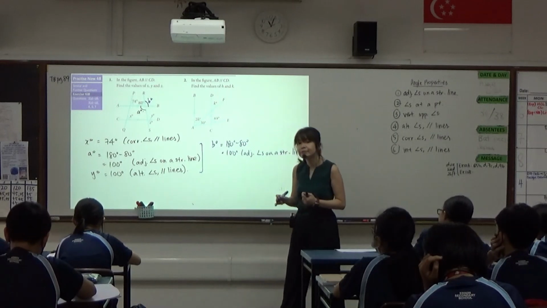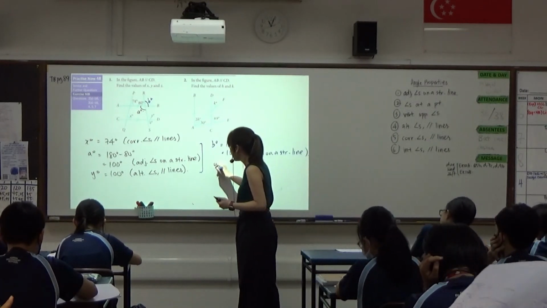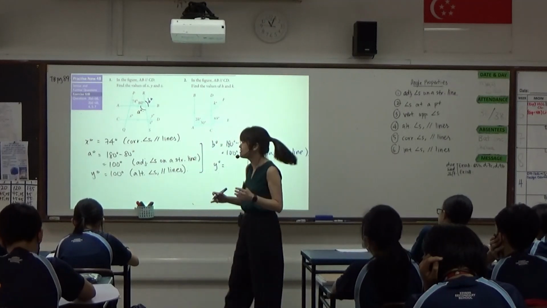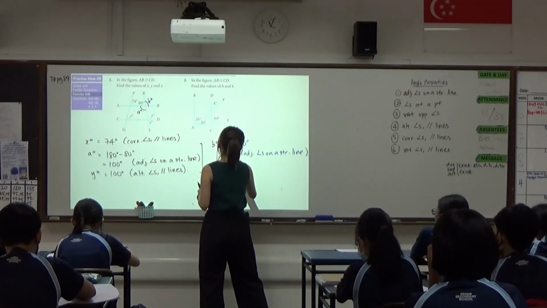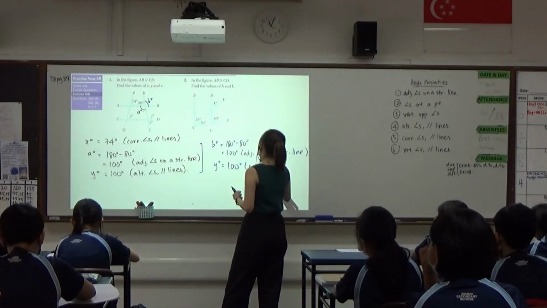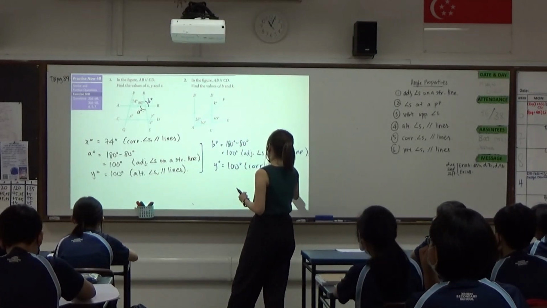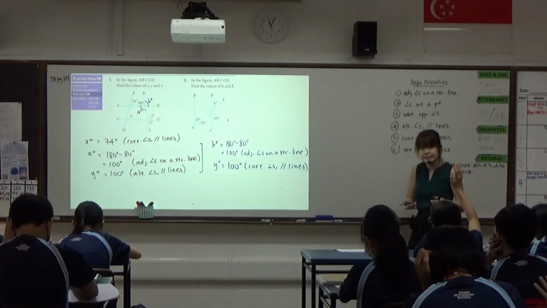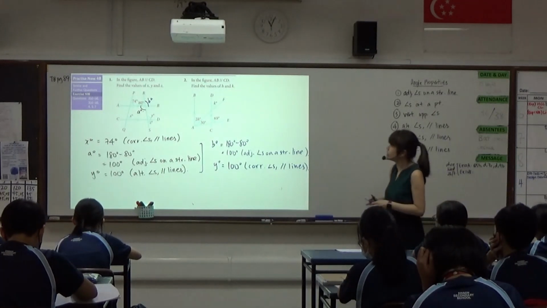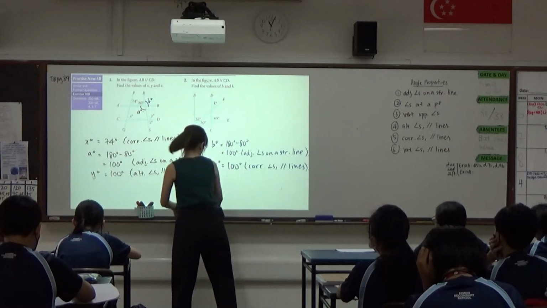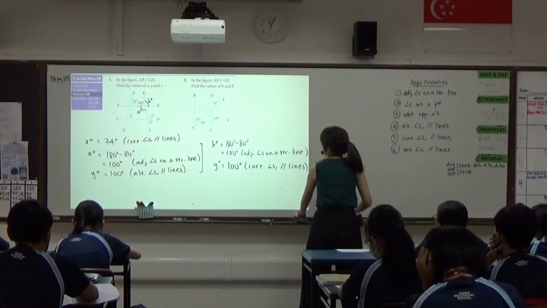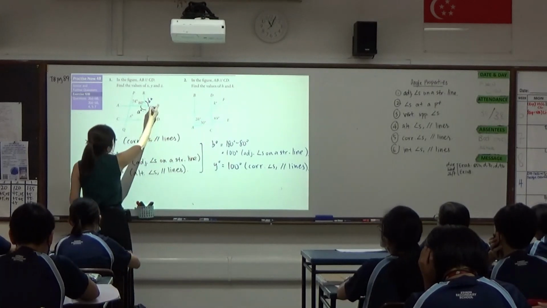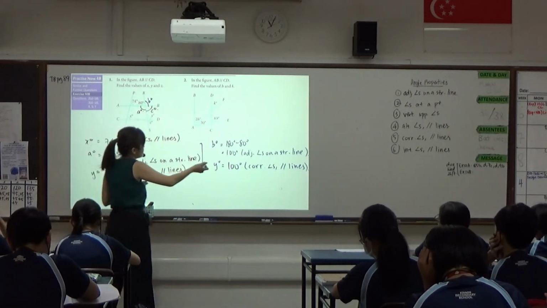And then corresponding angles, parallel lines is being used. Yes, we can do interior angles also. Great, how can we do that? The vertically opposite angle is 80, so maybe let's call it C degrees.